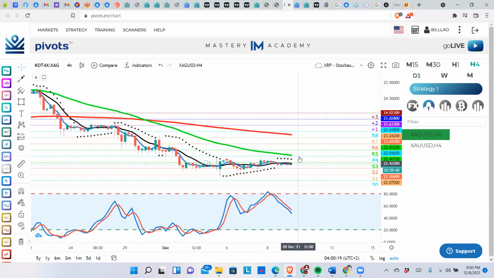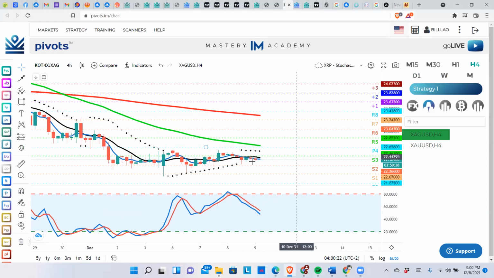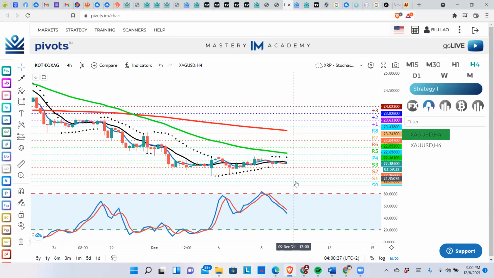Yeah, makes some kind of sense, because we might see the market drop to S0, right? Market may drop to S0. That's 2180. Let's call it 2186, right there, and then the market to push up from there.